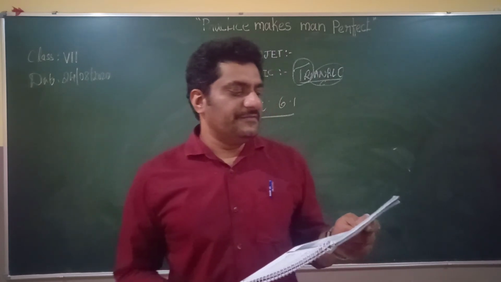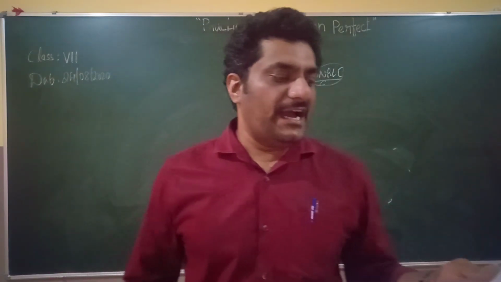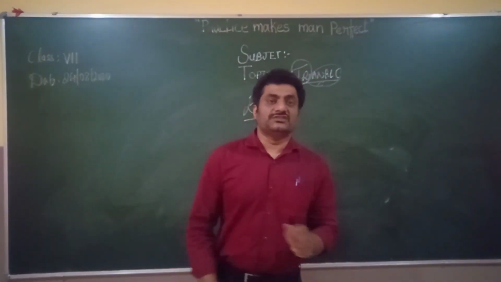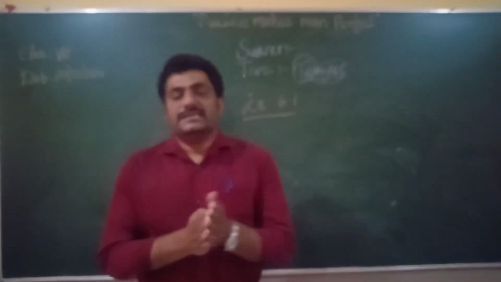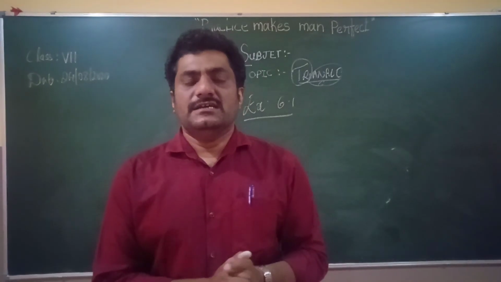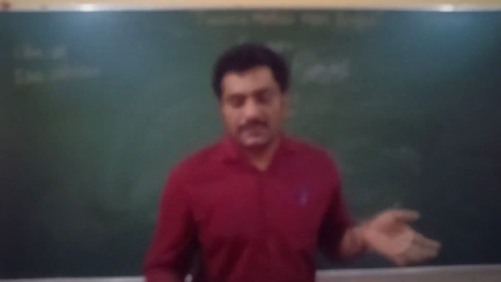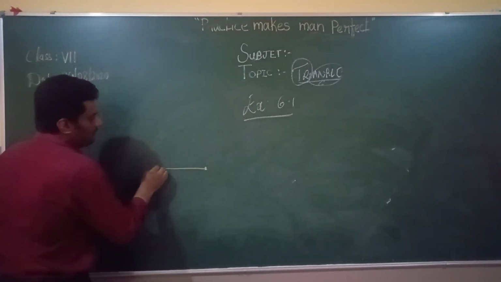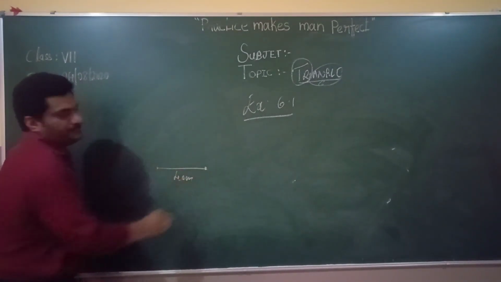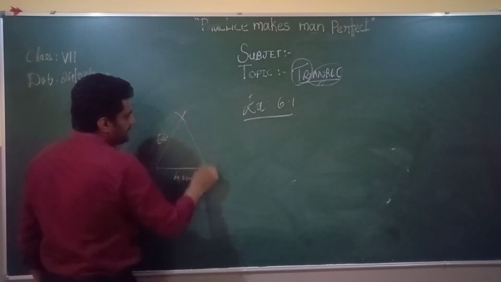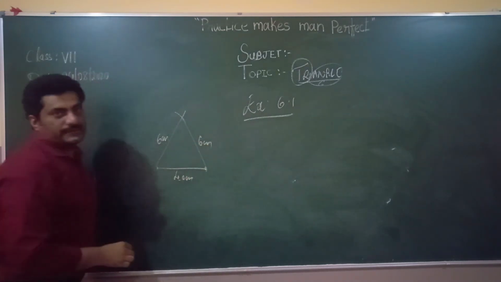Verify by diagram if the median and the altitude of an isosceles triangle can be the same. Now you have to construct an isosceles triangle. What is an isosceles triangle? An isosceles triangle has two sides equal. How can you do this? Say for example you take 4 centimeters here and then cut an arcs of 6 centimeters.